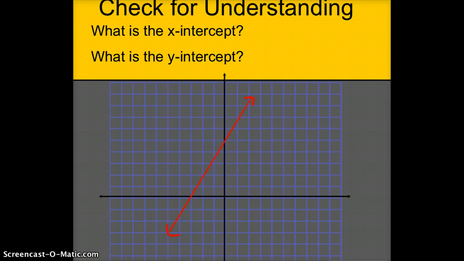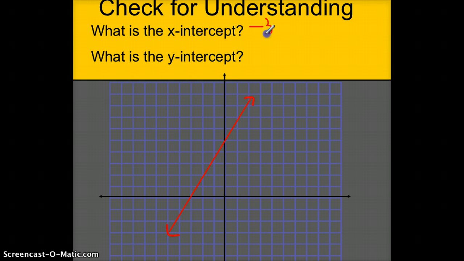Before we go down to the bottom, let's check for understanding first. Take a look at this graph. What is the x-intercept of this graph? I'll give you a second to think about it. Okay, hopefully you found that the x-intercept is negative 3.